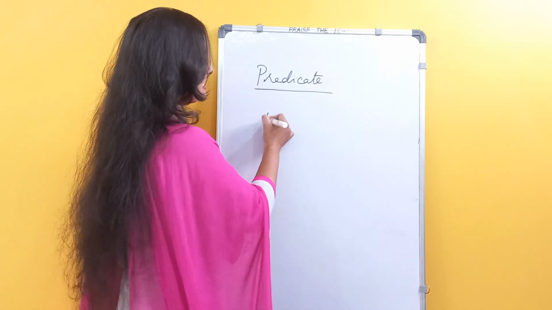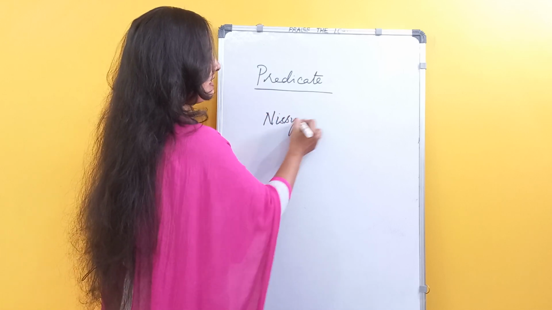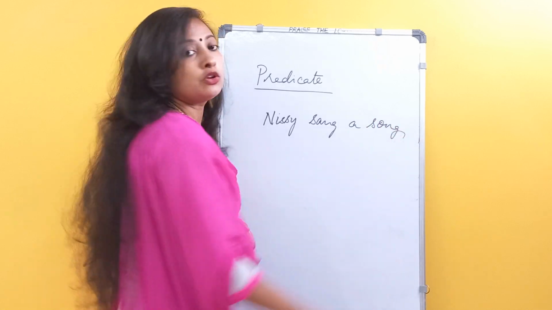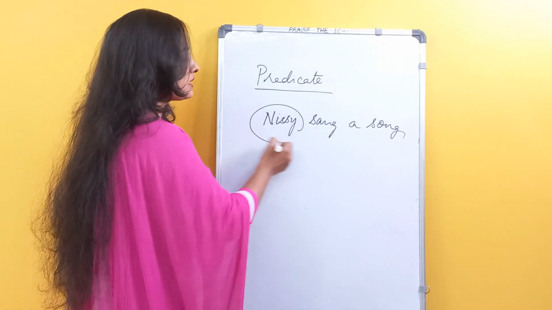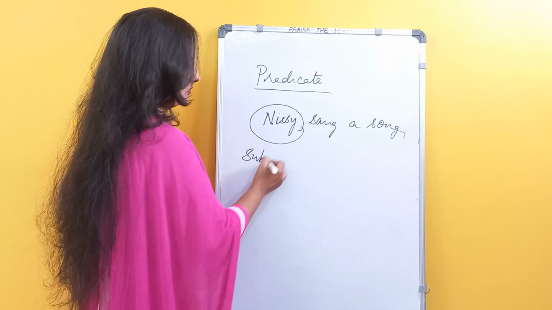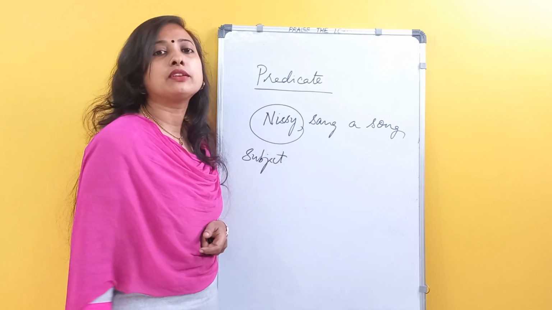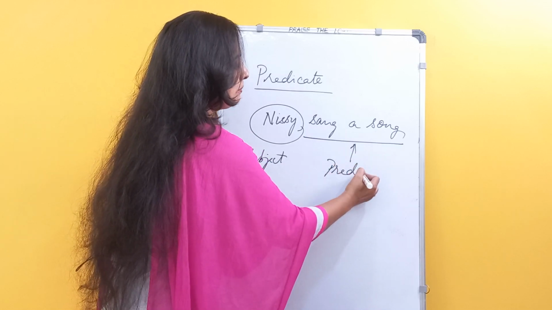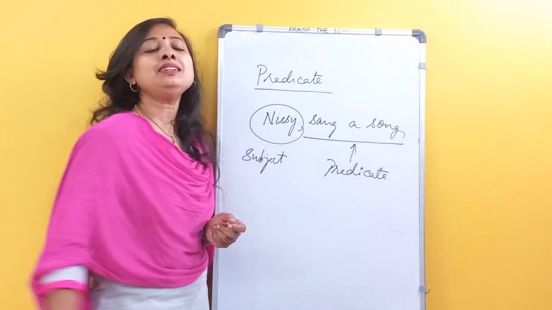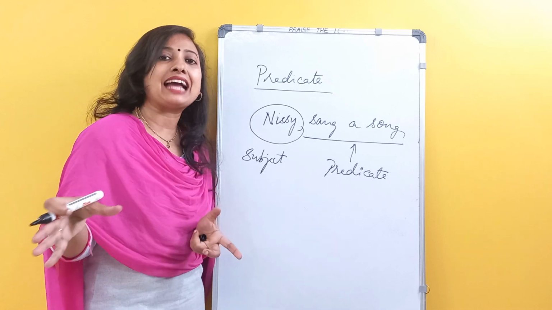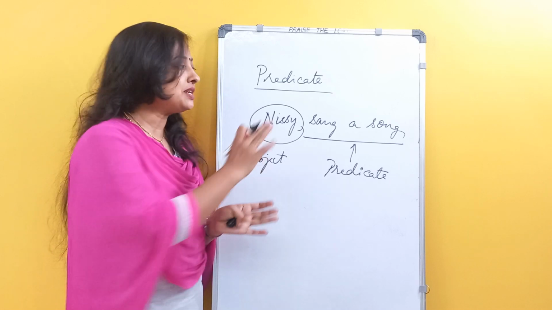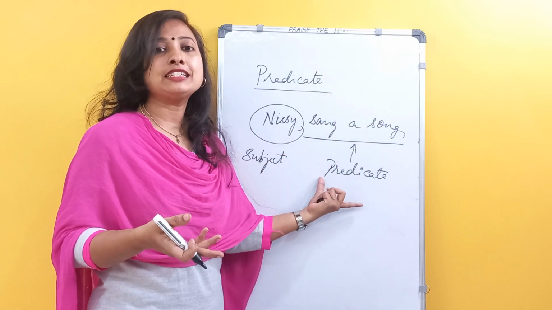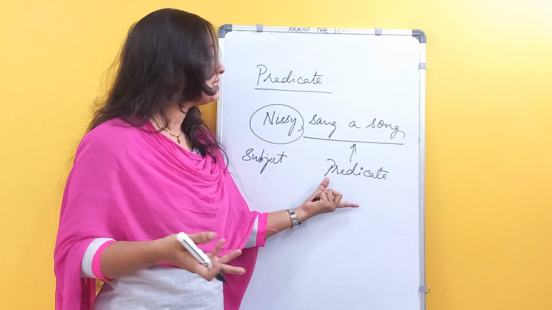In the previous sentence, Nissy sang a song, Nissy is the subject. The remaining sentence is called the predicate, including the verb and the action, the action and what it is being acted on. Together it is called the predicate of the sentence.